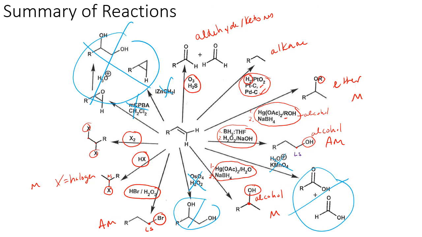There are also a couple other subsets of reactions that we saw within the halogenation one. We did the halogenation with water as a competing nucleophile. We did the halogenation with an alcohol as a competing nucleophile. And we did the halogenation with something that was more nucleophilic, such as sodium chloride when we had Br2.